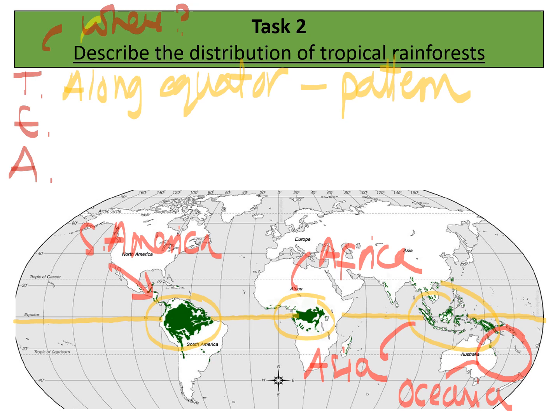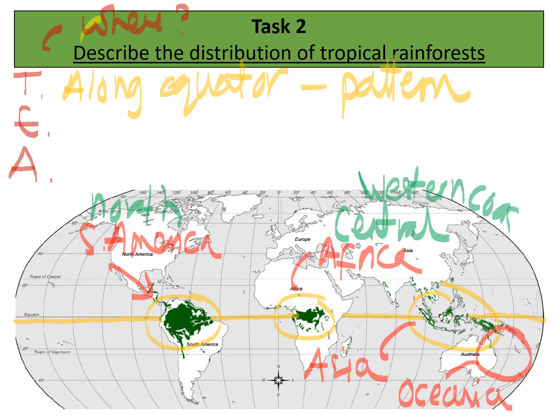So within South America, they're found mostly in the north of South America, whereas in Africa, they're found in Central Africa and also along mostly the western coast of Africa. When we're talking about Asia, we're saying that they're mostly found in southern Asia.